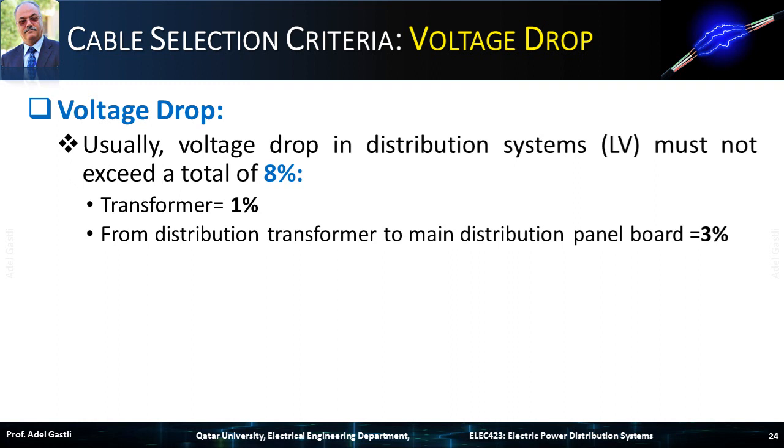And voltage drop from distribution transformer to main distribution panel board is about 3%. And voltage drop in the riser and trays is between 1 and 1.5%. And the voltage drop in the remaining elements, until the point of connection of the load, should not exceed 2.5%.